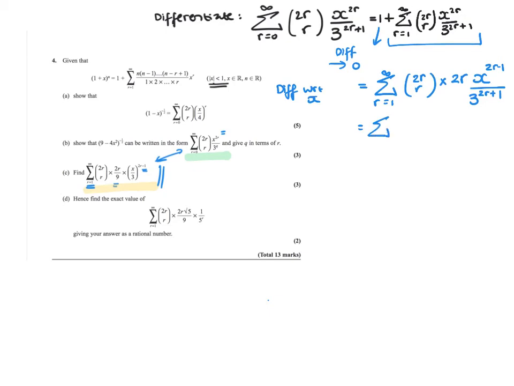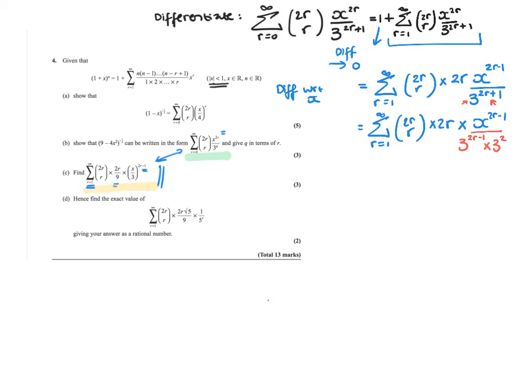So we're going to adjust this. I'm going to leave my x to the 2r minus 1, but that denominator here, I'm going to rewrite as 3 to the 2r minus 1 multiplied by 3 squared. Add the indices and you can see we get back to what we had previously.